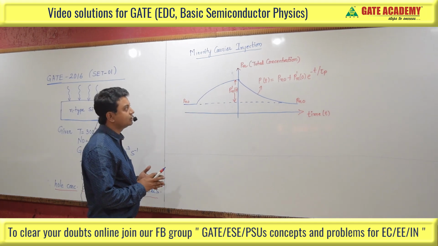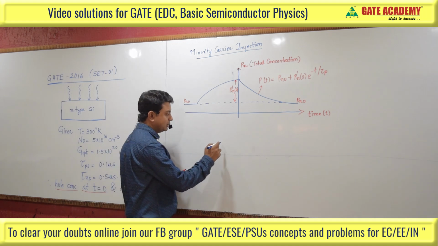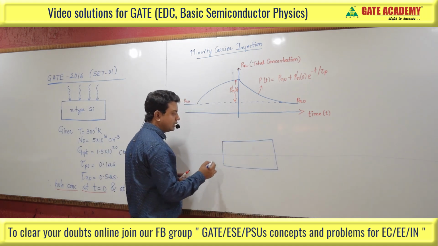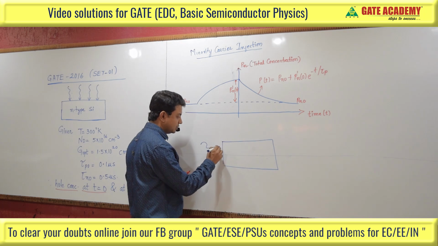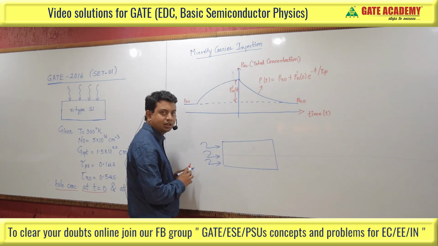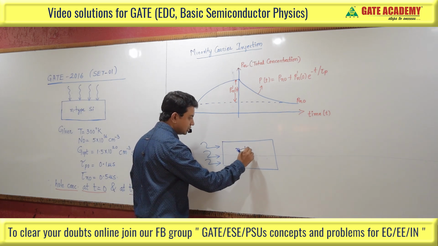Minority carrier injection means when a semiconductor bar is illuminated with light at any surface. Suppose this is the surface on which we are illuminating the semiconductor with light. Suppose this is an N-type semiconductor.